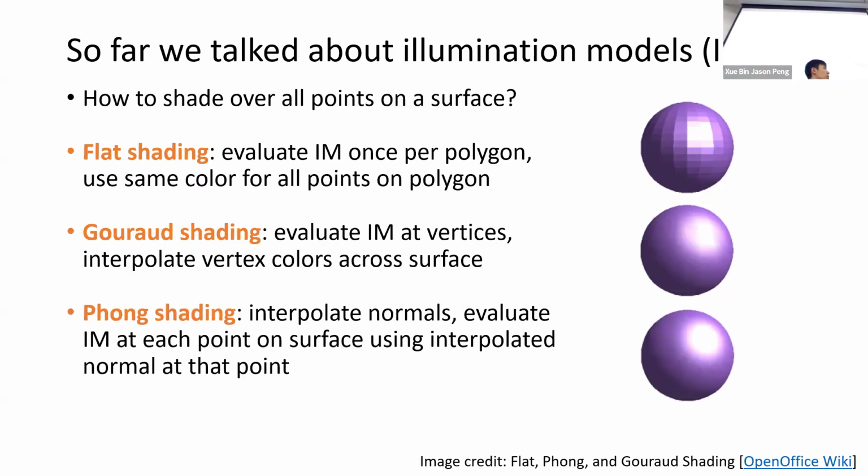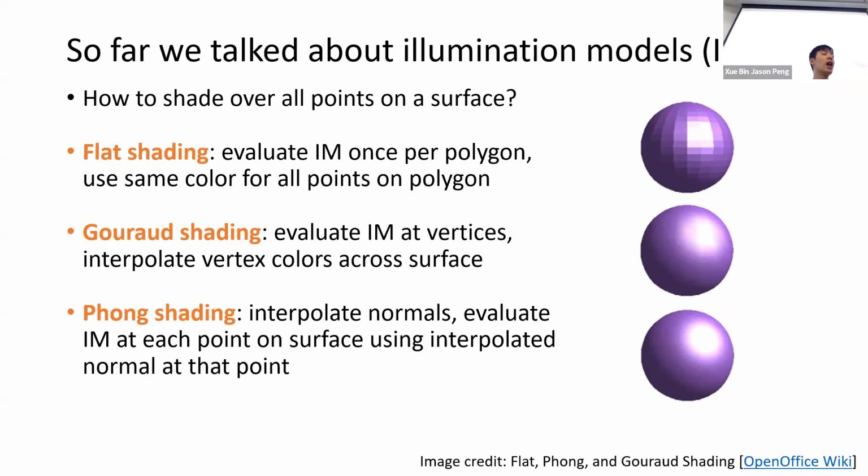So if we want the best results, the alternative method that we can use is Phong shading. And the idea with Phong shading is that we're going to apply the lighting model once to every pixel that we color in our image. So for every pixel in our image, we can always find the corresponding point on the surface of an object. And we'll just apply the lighting model to that particular point on our object to determine the color for a given pixel.